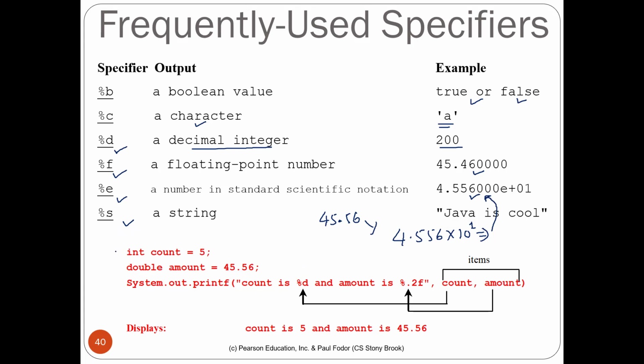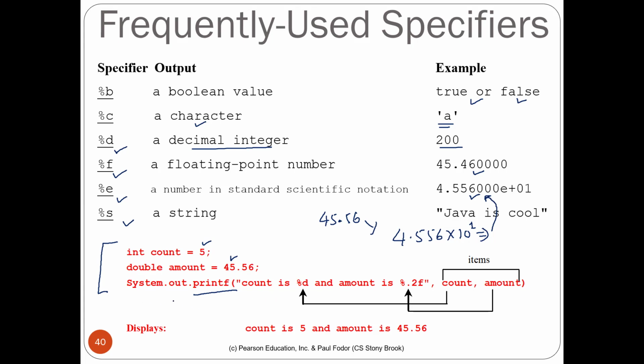Now let's look at this example. This example should be self-explanatory. Assume that you have a variable count. Its type is integer and it has the value 5. Now you have another variable whose type is double, and the value is 45.56. You want to print that using printf, which is formatted output.